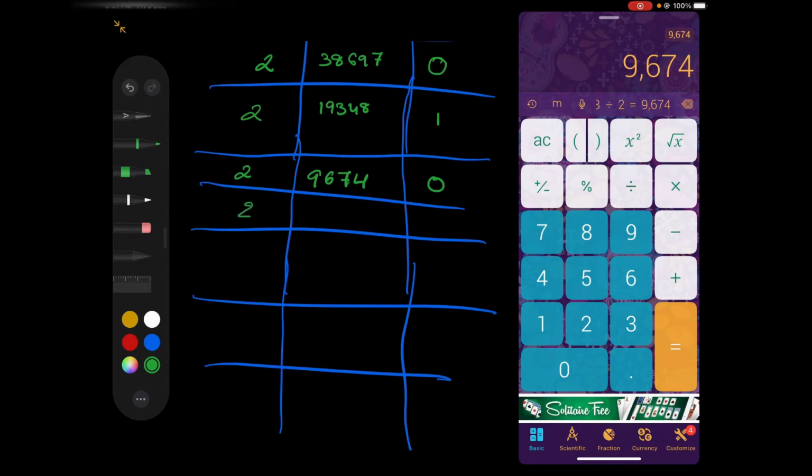Then we are again dividing this number by 2, and we have 4837, and no decimal, so we write 0 here.